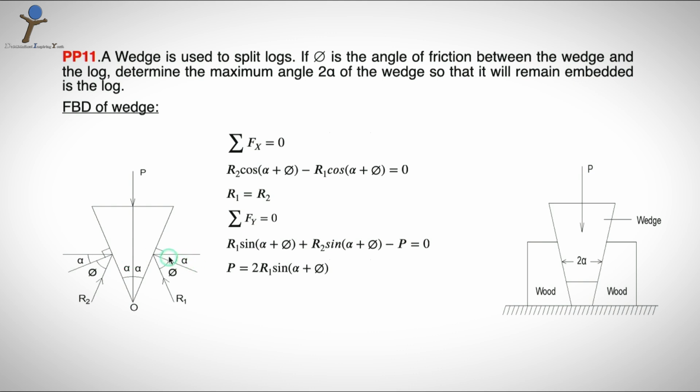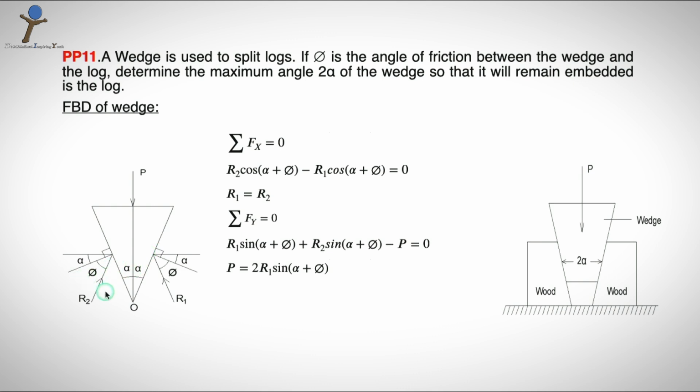So the resultant of N1 and mu N1 is R1. I am considering this R1 acting on this edge at an angle of phi, which is the friction angle, to the normal reaction N1. This in turn is at an angle of alpha to the horizontal. This is simple trigonometry and geometry.